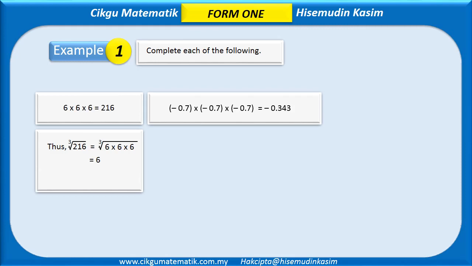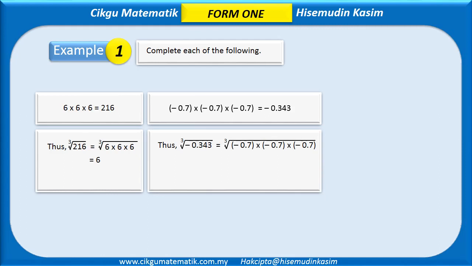Negative 0.7 times negative 0.7 times negative 0.7 equals negative 0.343. Thus, the cube root of negative 0.343 equals the cube root of negative 0.7 times negative 0.7 times negative 0.7 equals negative 0.7. 2 over 3 cubed equals 8 over 27.